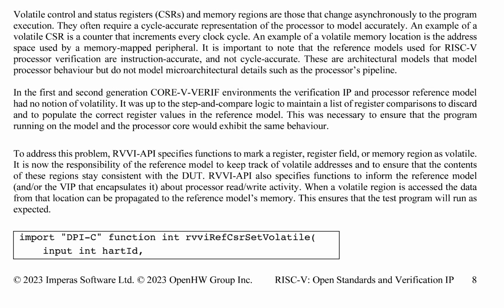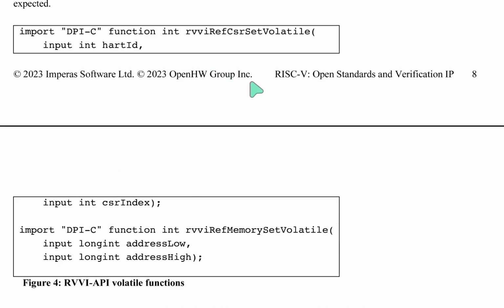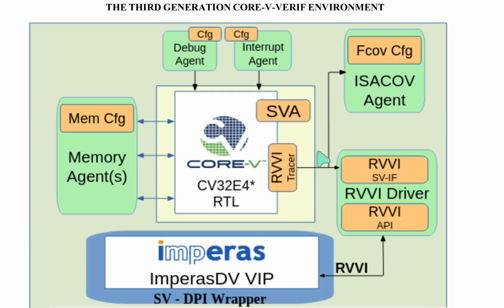It was up to the step-and-compare logic to maintain a list of the registers to compare, to discard, and to populate the correct register values in the reference model. This ensures that the test program will run as expected. Figure 4 is the RVVI API volatile functions.